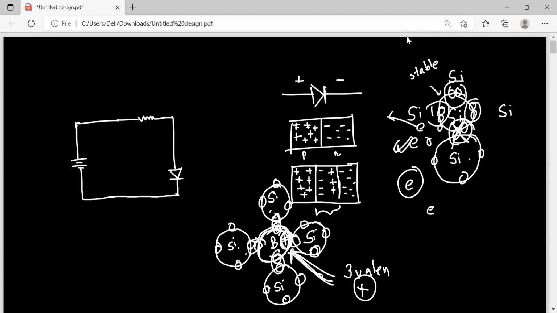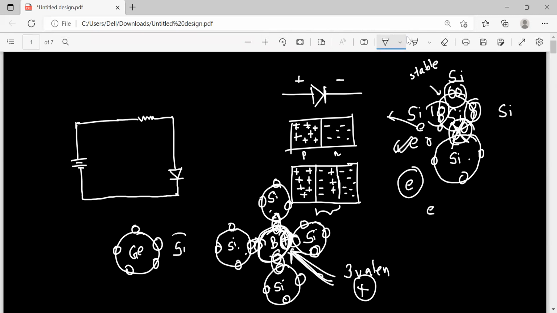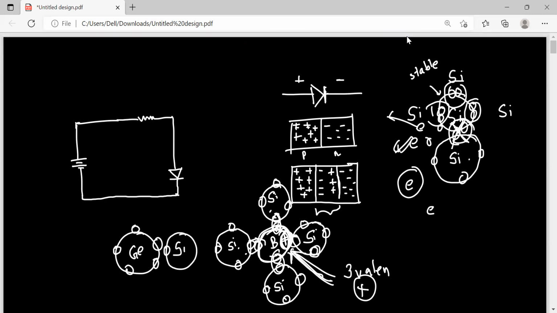And the n-type, you can easily guess what's meant by it: we insert an atom which has 5 valence electrons. Let's say there is an element like germanium, which has 5 valence electrons, but anyhow only 4 silicon atoms can be covered by 1 germanium.